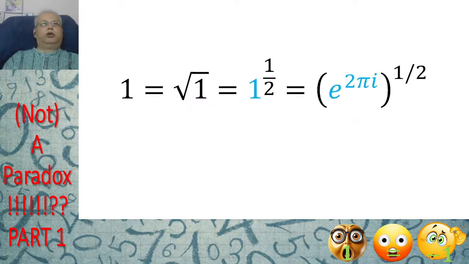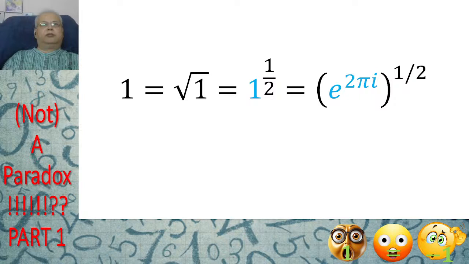Now we know 1 to the power anything is 1. So we can write 1 is equal to square root of 1. That is 1 to the power half, since square root is to the power half. So 1 is equal to 1 to the power half.